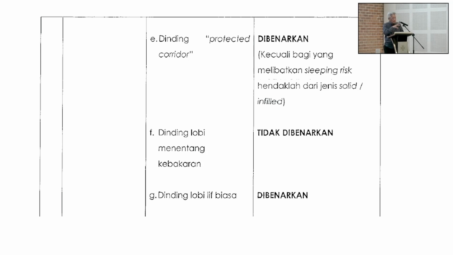Just now there was a thing on the protected lobbies. You can have, say, lift lobbies and all that. You can use fire-rated drywalls, but particularly for firefighting access lobbies, no way. Firefighting access lobbies are regarded as the same criteria as your firefighting shaft. So, protected structures, you cannot use drywall. Likewise, firefighting access lobbies, you cannot use drywalls. The normal lift lobbies, yeah, they allow you to use drywall.